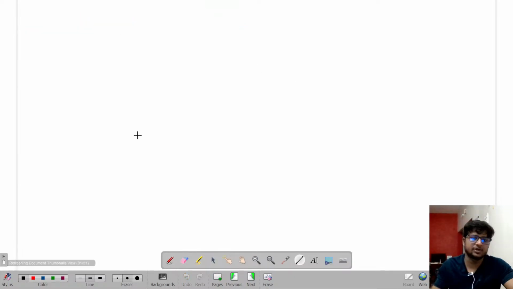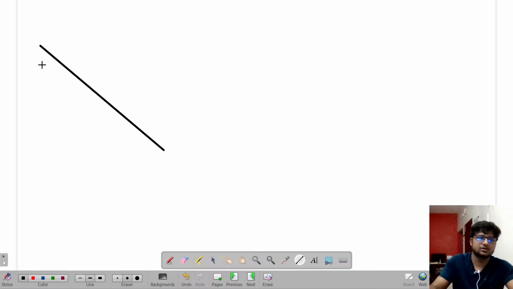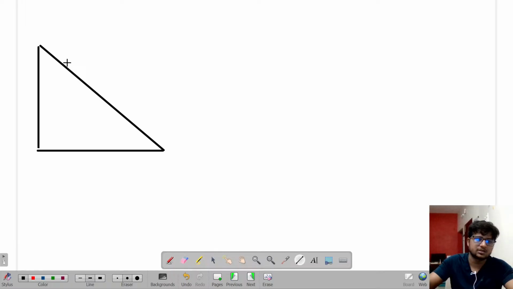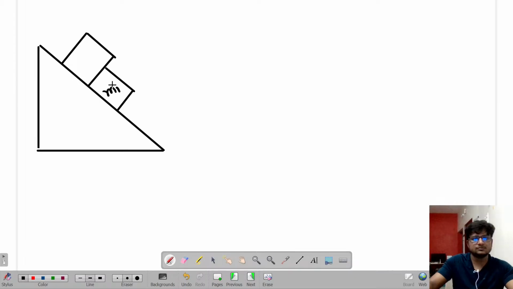Now look over here. Let's do one more experiment. You guys look into the experiment. Let's suppose two masses are there, M1 and M2, and this is angle theta, and this is a smooth surface.